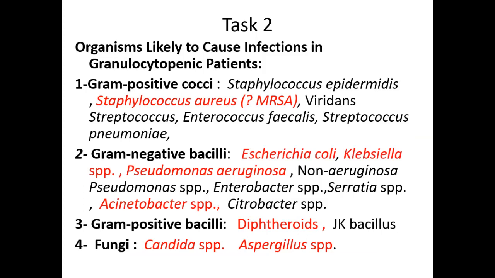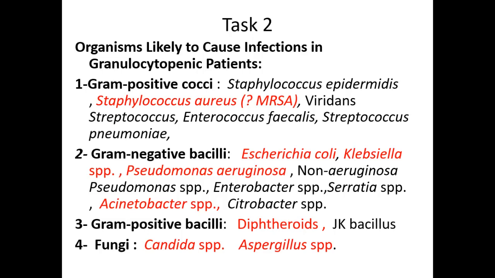Of course, the bacteria are the most important cause of fever in neutropenic patients, and the bacteria come either from the patient him or herself. These bacteria are present on the skin, in the mouth, and the gastrointestinal tract, or the bacteria will come from outside the body.